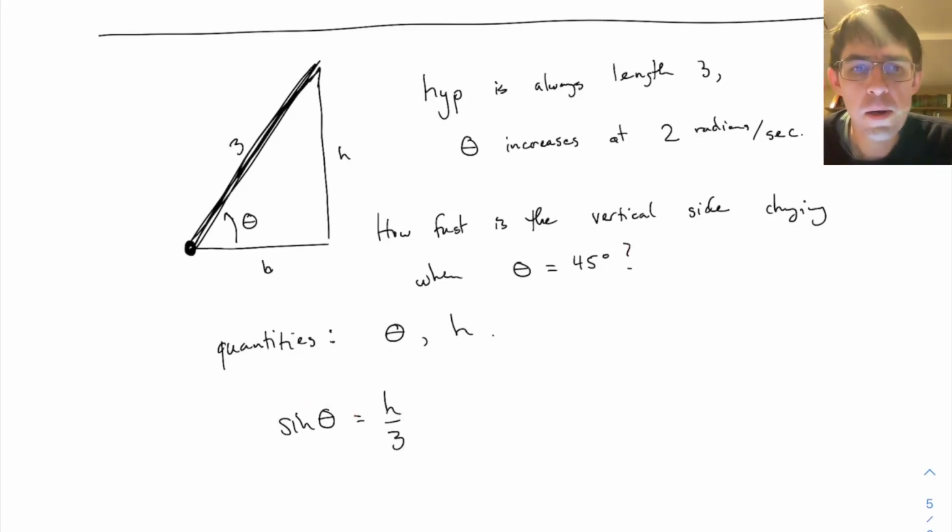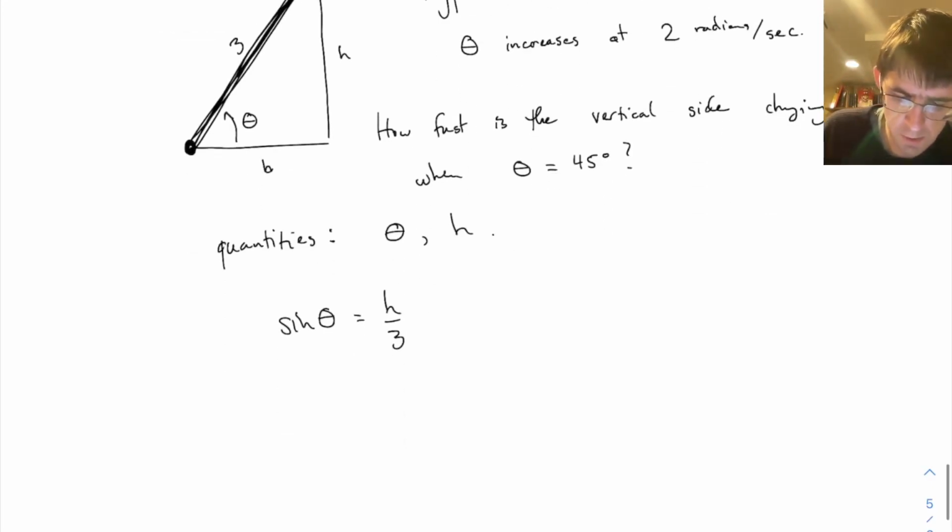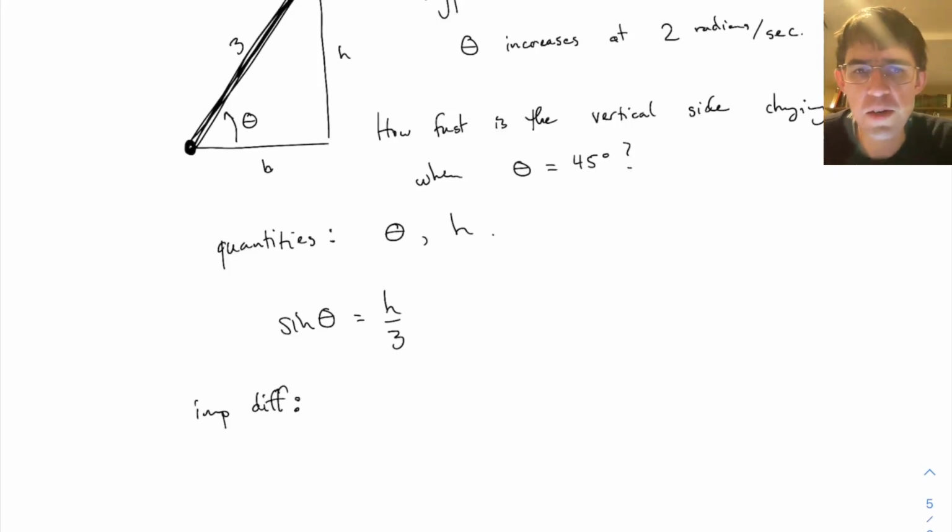All right, to solve the related rates question, we first figure out what the changing quantities are, then write an equation which relates these quantities to one another, then take the implicit derivative of that formula. So I should say the implicit derivative on both sides here, implicit differentiation.